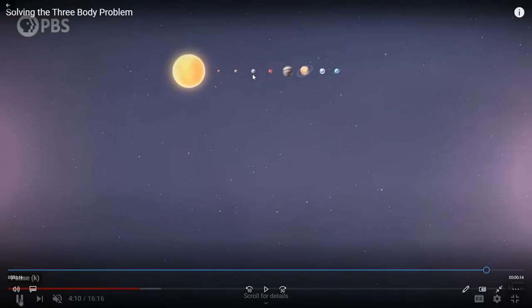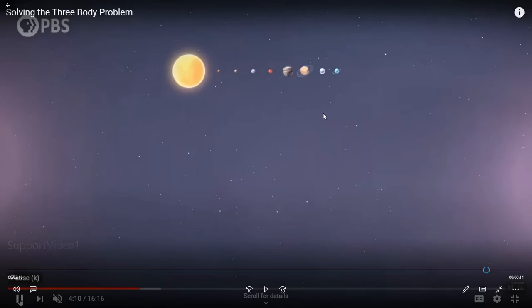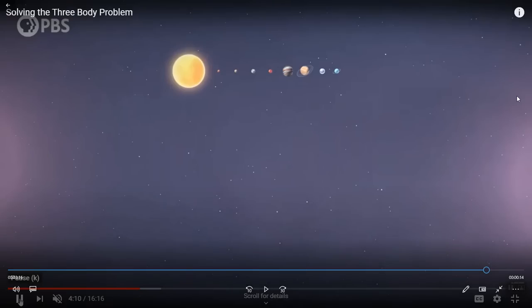For this purpose, we are using the n-body problem. The n-body problem is an issue where all these planets are moving, rotating around a sun, and I want to identify the planets' new position, new velocity, and new force at a particular time.